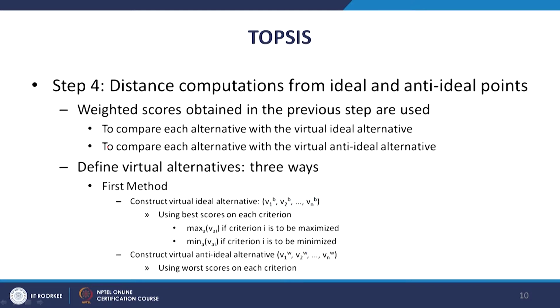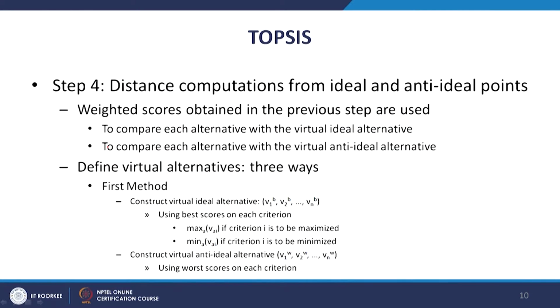Given the n alternatives that we have, we are going to pick the best value given the criteria that we might have. We are going to pick the best value along all those criteria. You can see here, using best scores on each criterion. Again, there could be 2 scenarios.